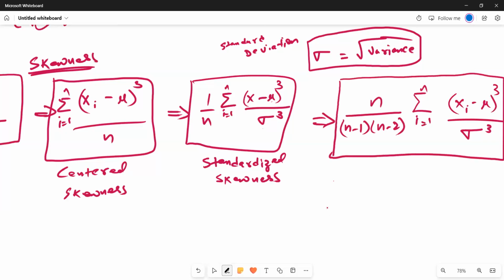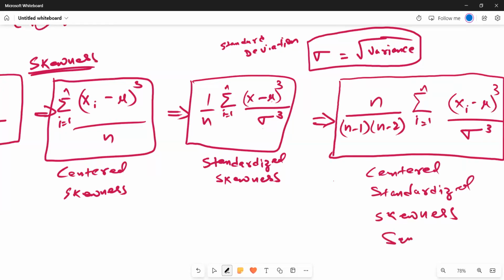This is centered, standardized skewness, and this is for samples, right?